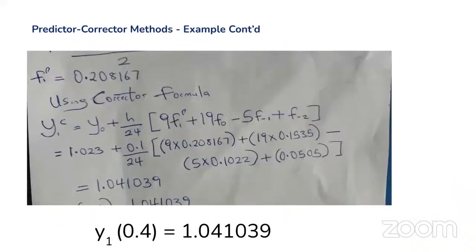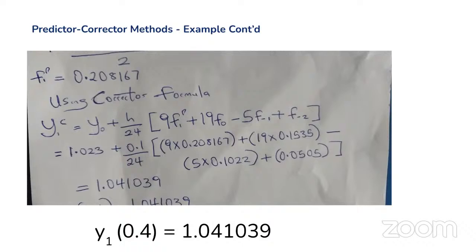So now, using our corrector's formula, what we solve for is the f1p that is close to the 9 here that we have. After solving for it, all we have to do is insert. So we insert our y naught, which was given in the question. We insert our h, which is our step size, over 24. Then we bracket 9 times 0.208167, which is our f1p that we solved for earlier.